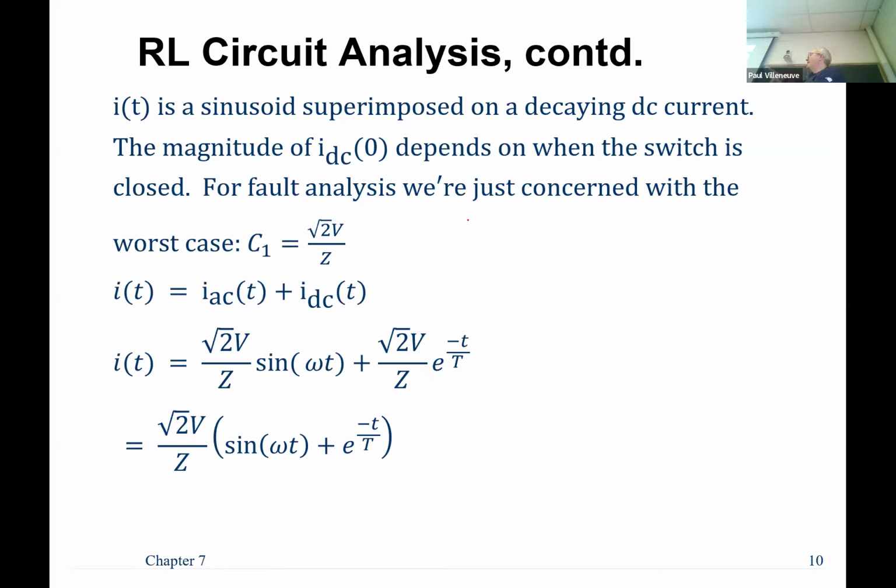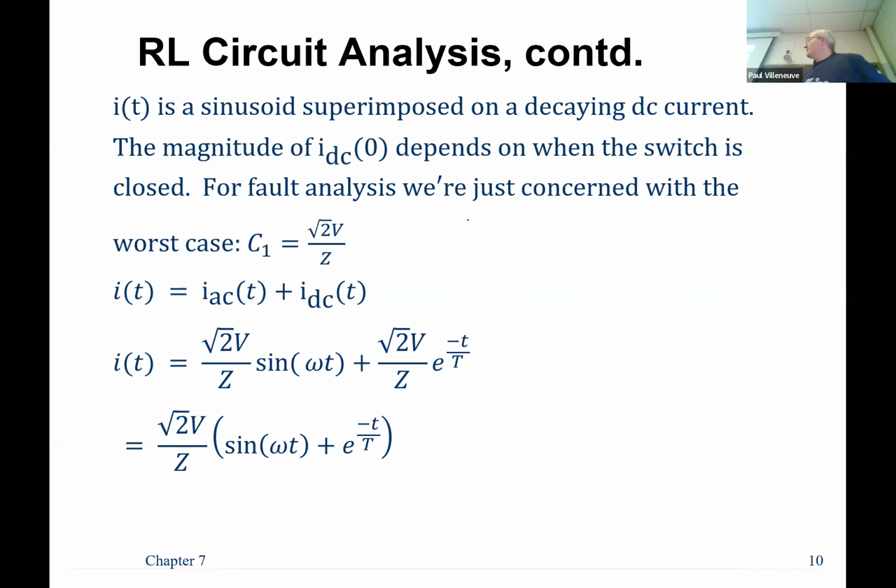And the hard part is we have to assume the worst case scenario because we don't know when we're going to close. Even though we only have 2 times a cycle where that's going to occur, we got to make sure our electrical systems operate safely so they can take our system out. So we're going to assume worst case, our C1 coefficient is going to be square root of 2 V over Z.